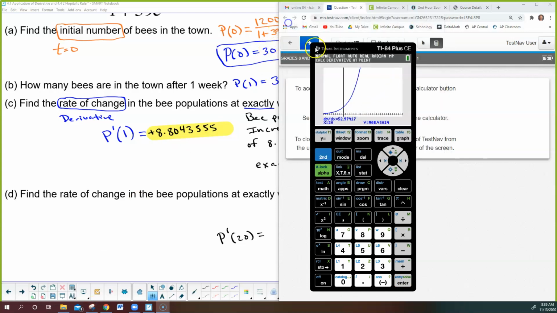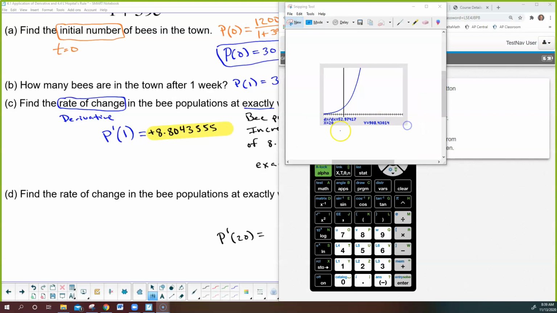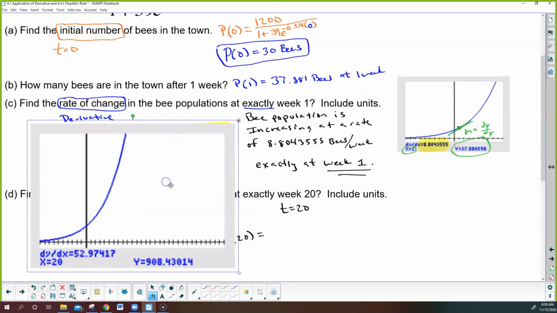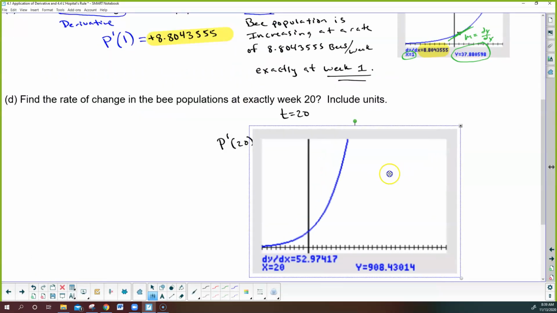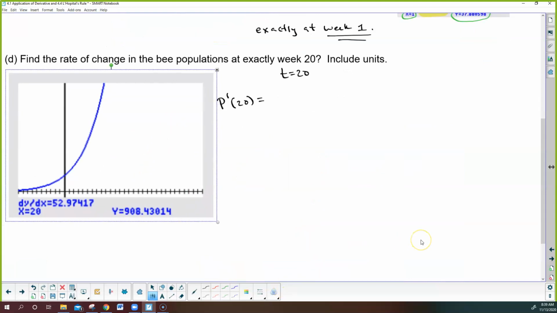So even though I can't see, I should have probably changed my y maximum to something a lot higher, but I was still able to get this answer without having to see that on the window. But notice you have to read this then. So you actually have two pieces of information that are super interesting here.